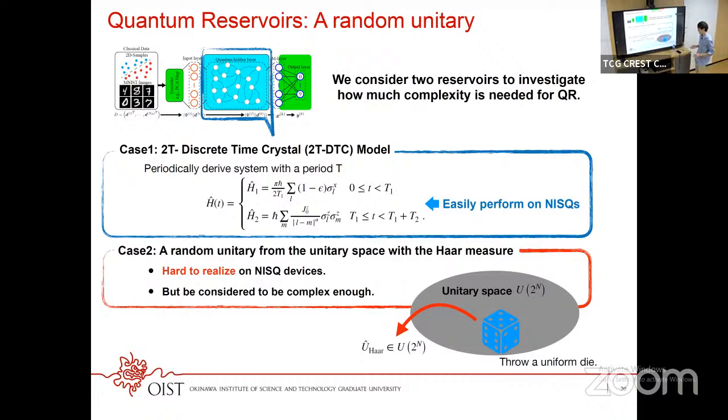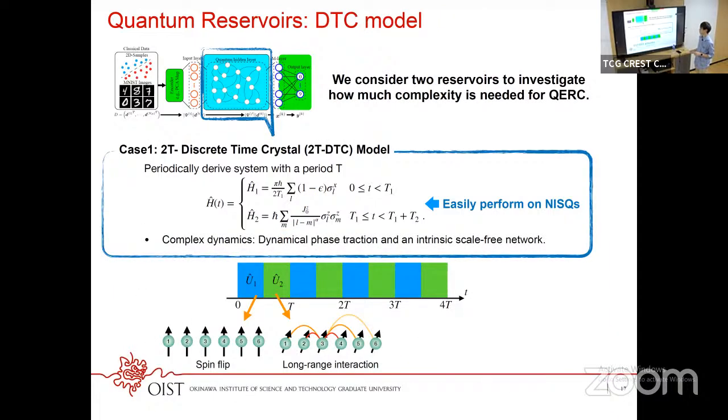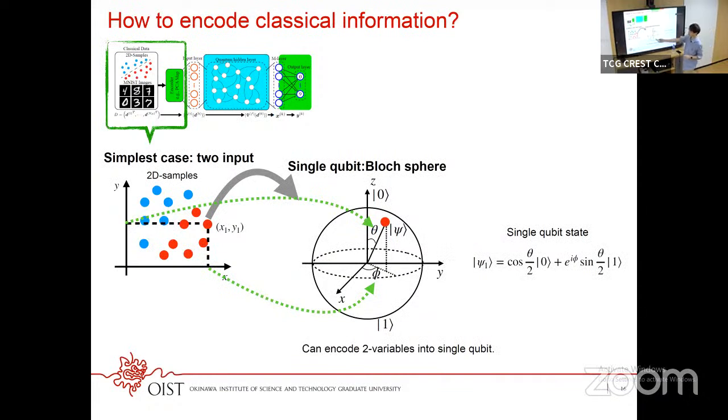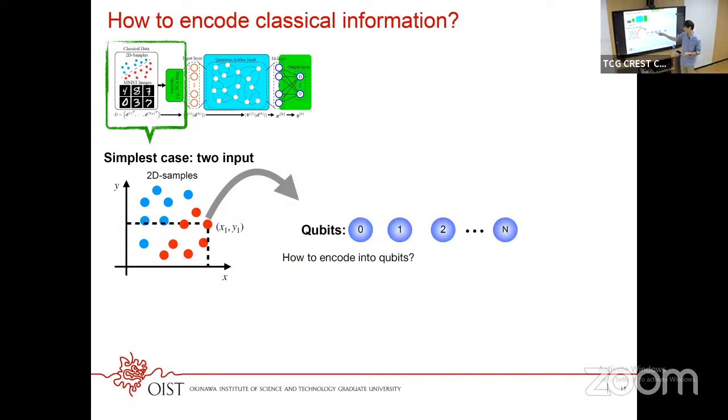First of all, sorry, what's a good way to answer this? Okay, let's go back to here. We encode two variables into the single qubit. So now, the original input size of the 2D sample is 2, because x and y. Now it is input to a single qubit, but this makes a network, right? A spin network of qubits.